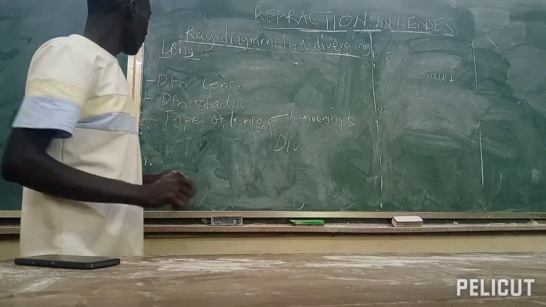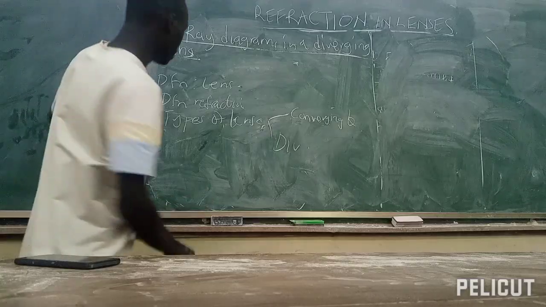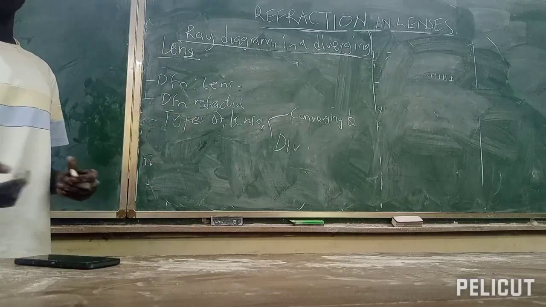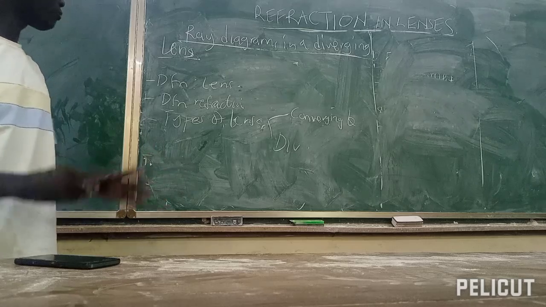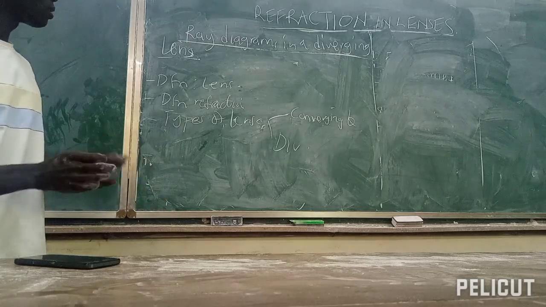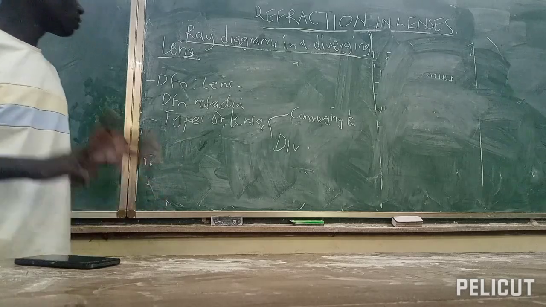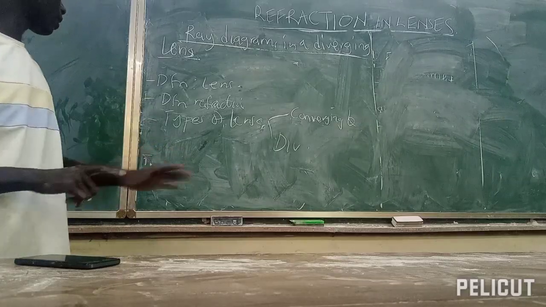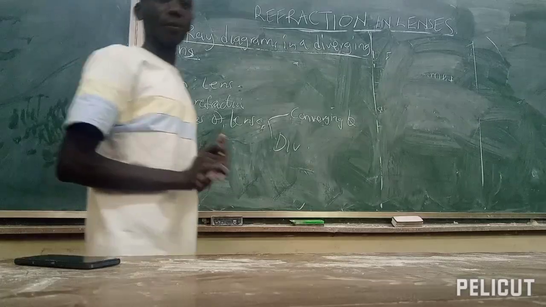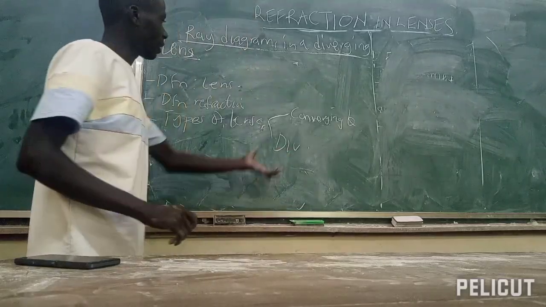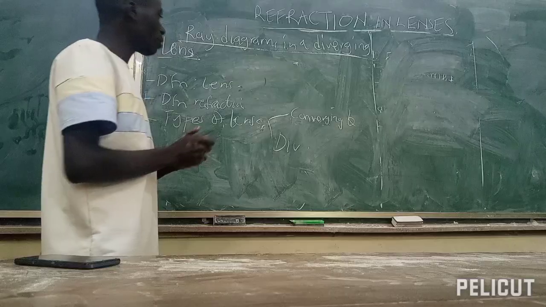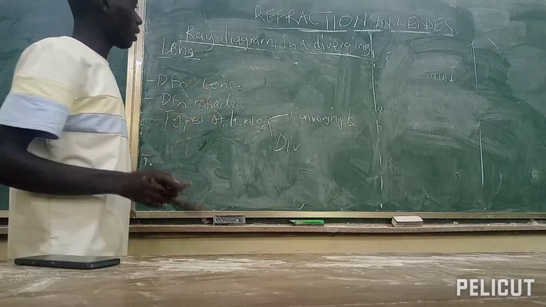Then we looked at the features, the characteristics of a converging lens. A converging lens or convex lens is thick in the middle and thin at the edges. Then the features of the diverging lens: this one is the opposite of the other one. It's thin in the middle and thick at the edges.